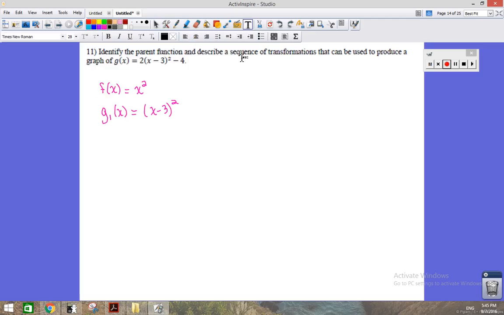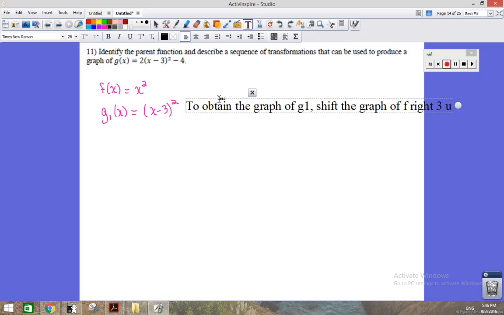So maybe I should type this out. It might be faster. I'm not that fast of a typist, maybe it's not. To obtain the graph of what we're calling G1, we shift the graph of f to the right 3 units.